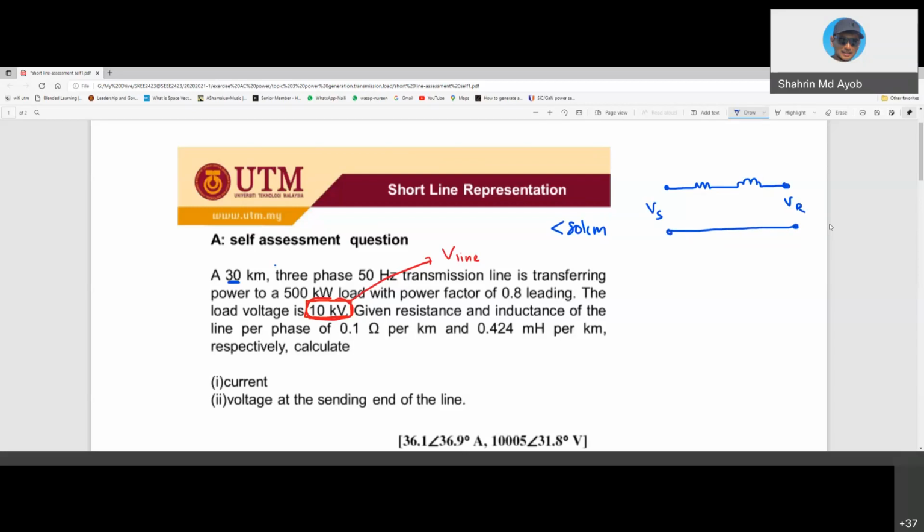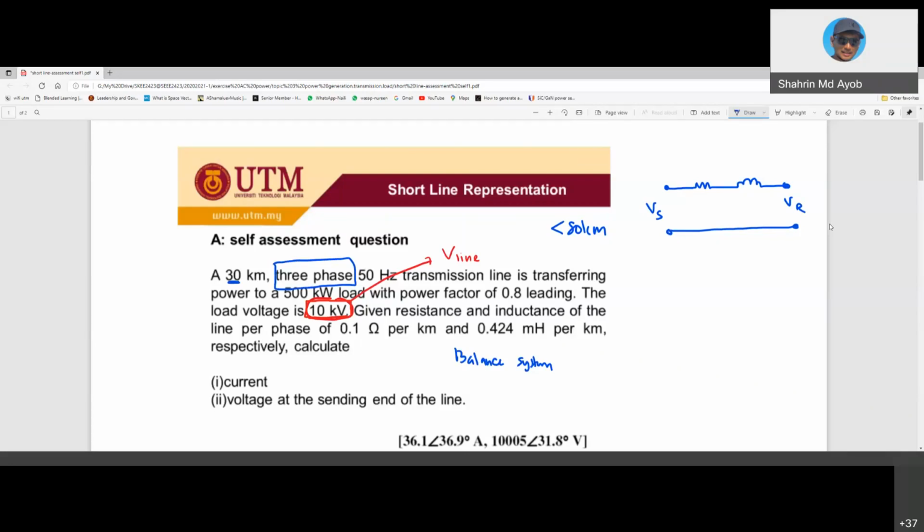This is a three-phase system, but we assume that the system is a balanced system, meaning that all the voltages and the currents are equal for all three phases. So we can simplify our analysis by using a single-phase equivalent representation.